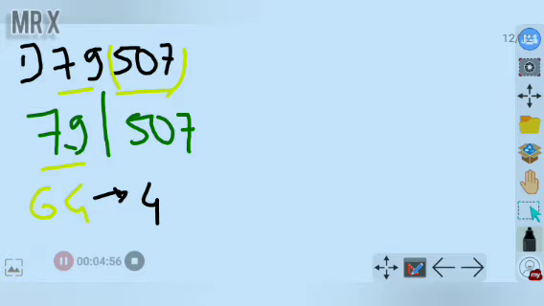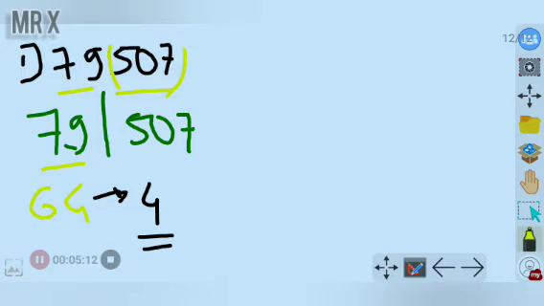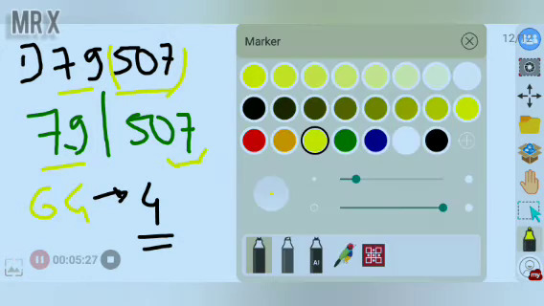This is the first digit of our answer. Then the last digit of the number is 7, and we know that the cube of 7 is 343, so the end digit of the cube is 3.